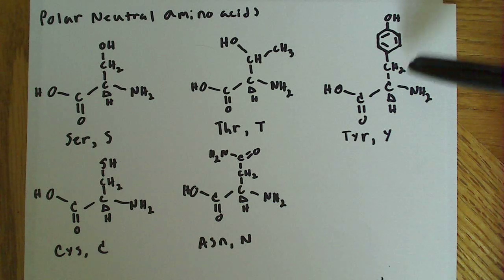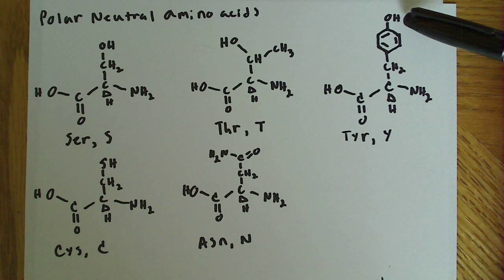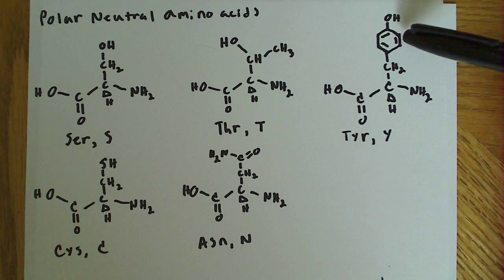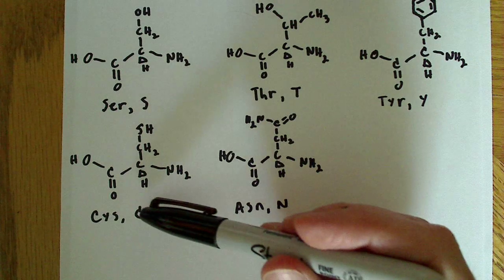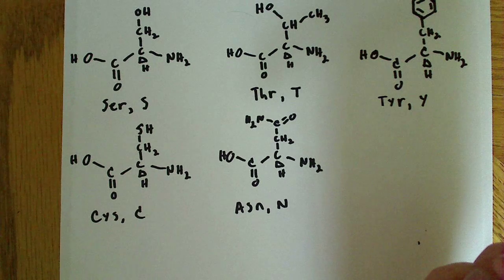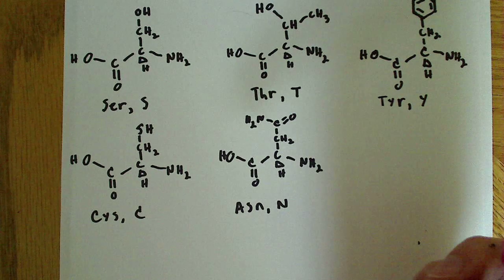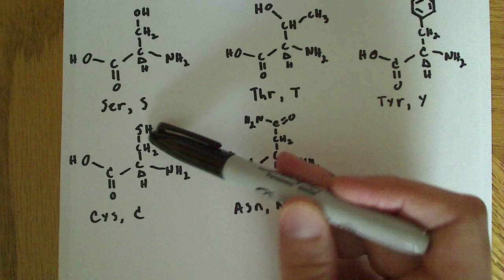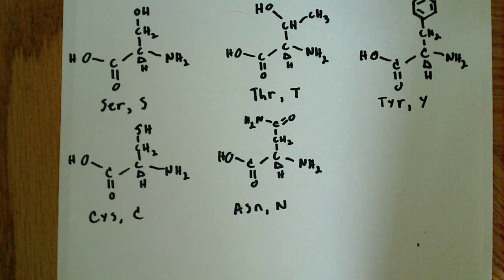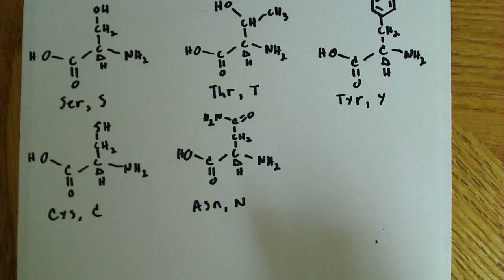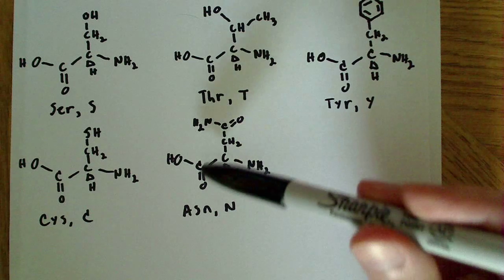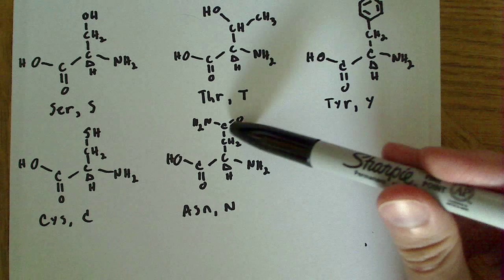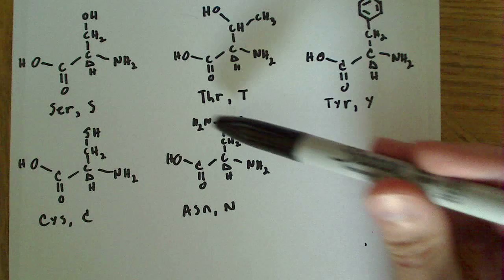That's a CH2 benzene ring, or phenol ring rather, on the side chain. And cysteine over here, which is CYS, C, which is going to become important later on because that actually forms disulfide bonds. And it has a CH2SH. And I have also over here asparagine, ASN, N, and that has a side chain that's CH2, C double bond O, NH2.